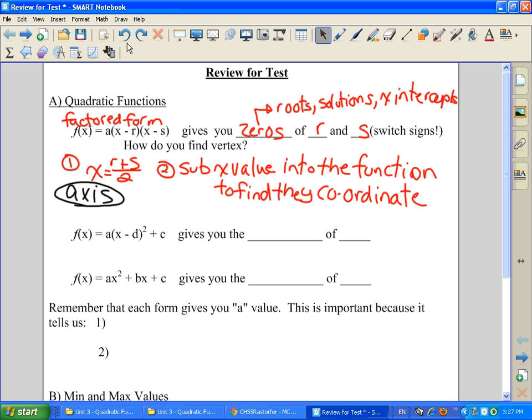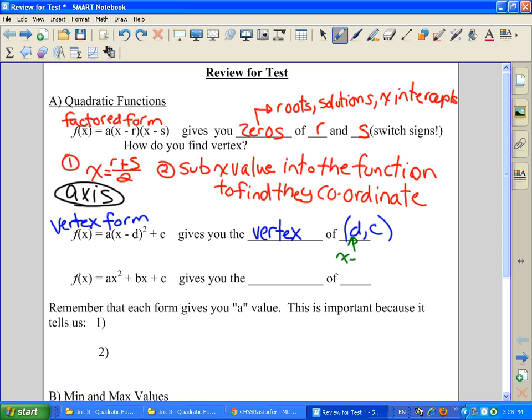Okay? The next one, take a look at the next expression. This is actually in vertex form. This is easy because guess what? The vertex is given to you right away. And the vertex is your d and c values. Just remember, these both tell us important information.